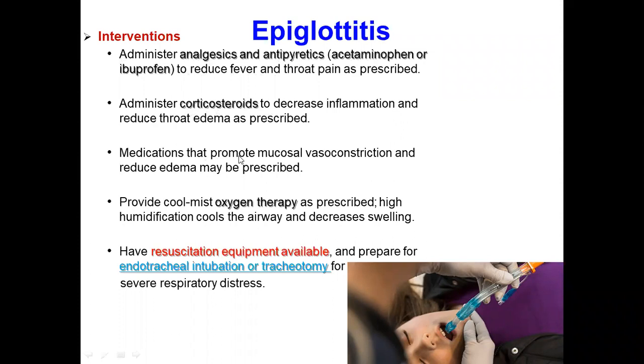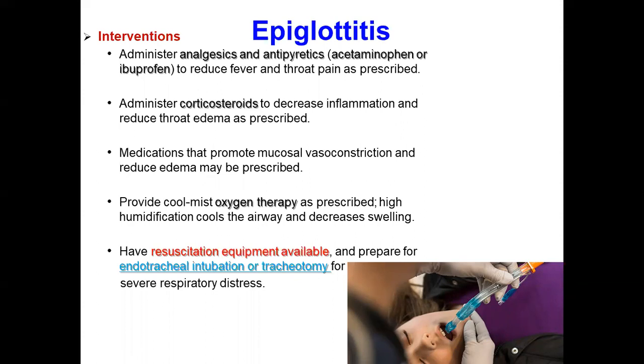Medication that promotes mucosal vasoconstriction and reduces the edema may be prescribed. Provide oxygen therapy, and resuscitation equipment should also be available. Prepare for endotracheal intubation or tracheostomy for severe respiratory distress.